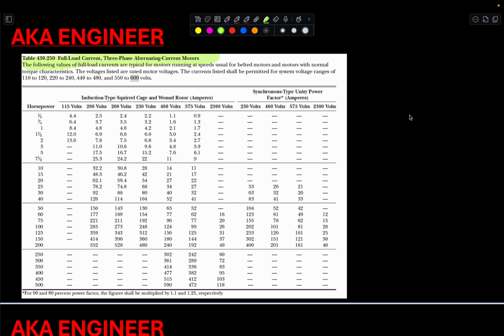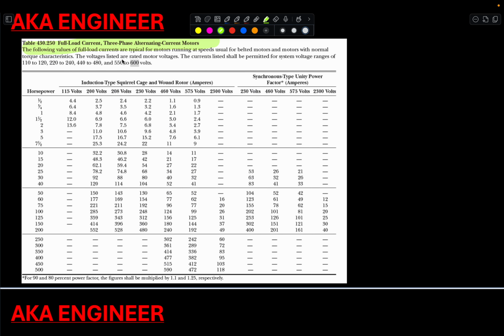There are newer versions, and I'm not quite sure when they'll use them, but when that's released, just be mindful that this is based on the 2017. All right, the difference here you need to keep an eye on is that you have the induction type squirrel cage and wound rotor, and then you have the synchronous type, unity power factor amperes, etc. Familiarize yourself with this table. Get used to it, because this is where you're probably going to come all the time whenever you're given a motor problem and you want to figure out the total ampere based on the voltage it's connected to.